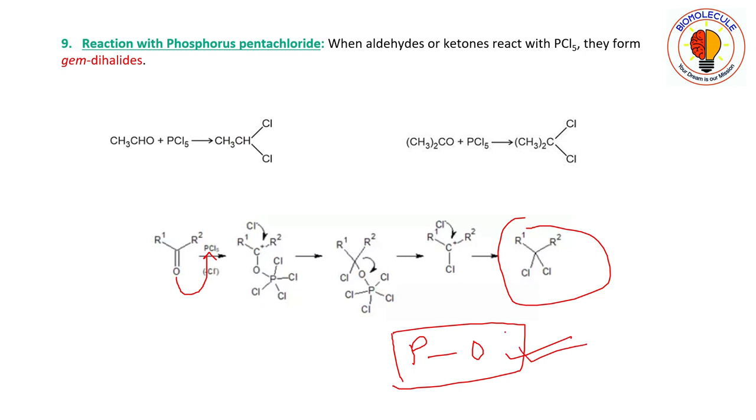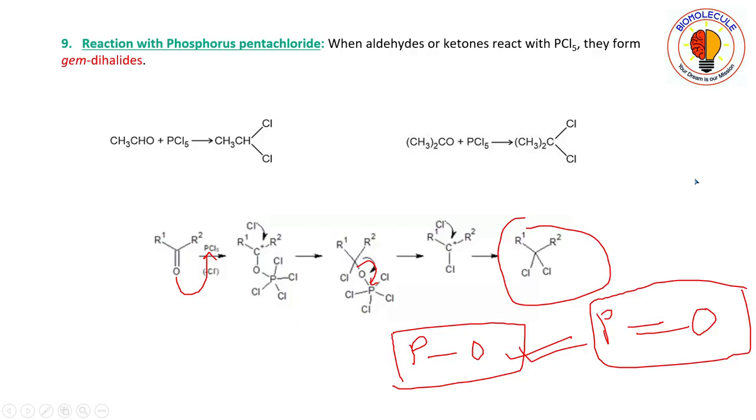And secondly, here oxygen takes this bond to form P double bond O, because oxygen has a very good affinity for phosphorus. So this is how it will go. So now I have completed the nucleophilic addition reactions.